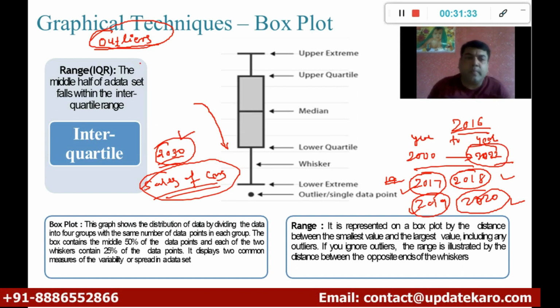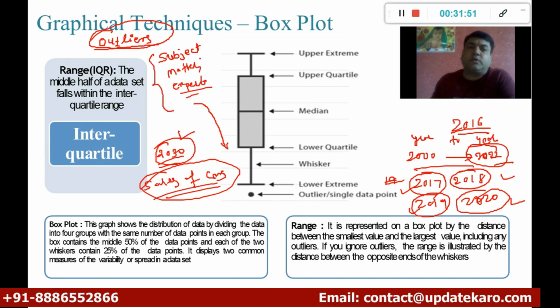Now you have to make sure that you speak to an SME, a subject matter expert. So you will decide after discussion with the subject matter expert whether to take these values or not.